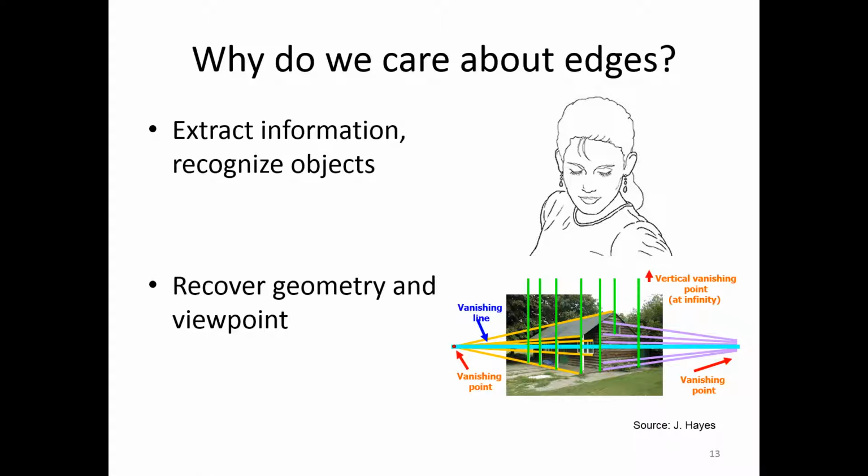For example, if you want to model the 3D viewpoint of your scene, then it's better to extract the edges and find out the geometry of the object, for example where the vanishing point is. If you can find all the edges, it will be much easier to construct that 3D model.